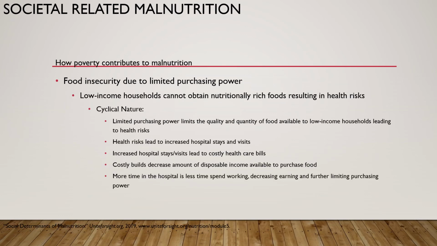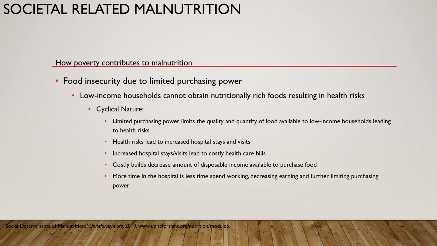As I conclude, I'd like to highlight the importance of the relationship between poverty and malnutrition. In the case of the other factors, there's more of an inverse relationship for most of them. For example, as socioeconomic status decreases, the risk of experiencing malnutrition increases.